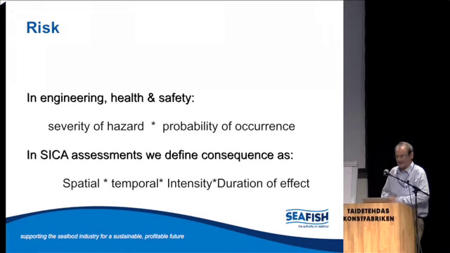Okay, so now let's talk about risk assessments. In engineering and maybe health and safety, you talk about the severity of the hazards and the probability of occurrence. We looked at it using the SECO idea, and I hear some Australian accents in the back, so I'm importing something, but we've done a little bit more to it.